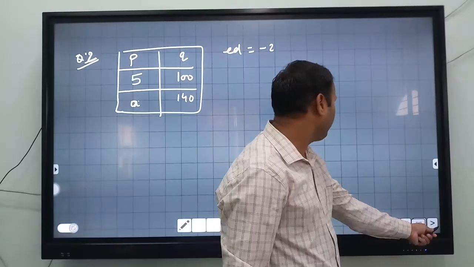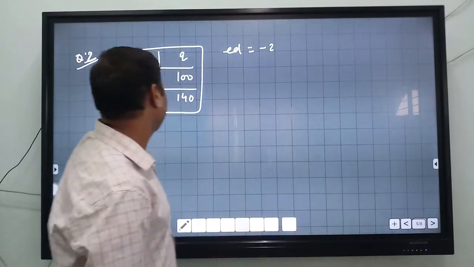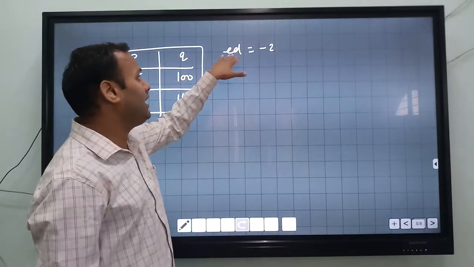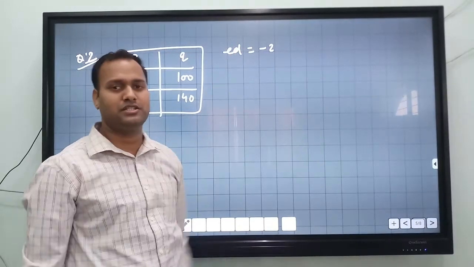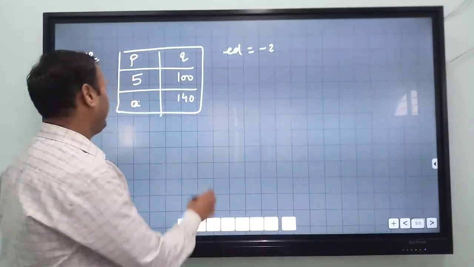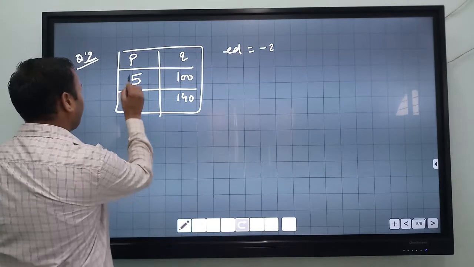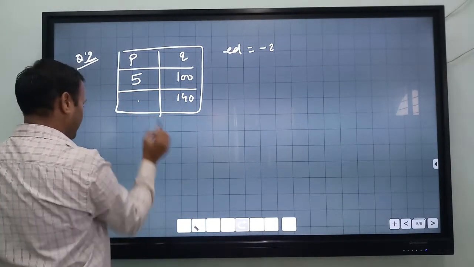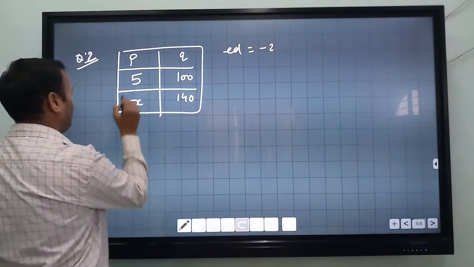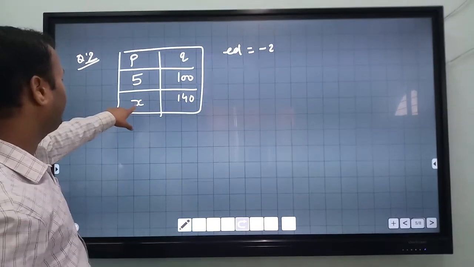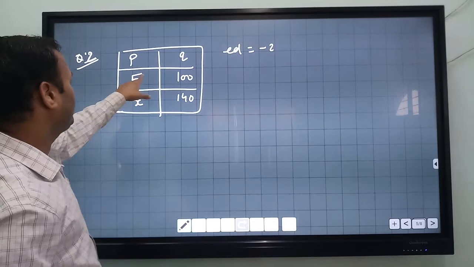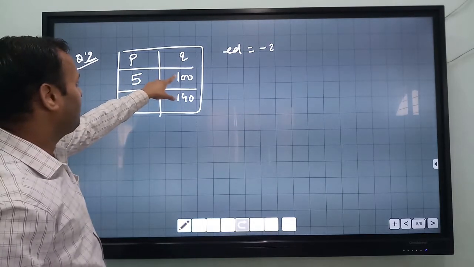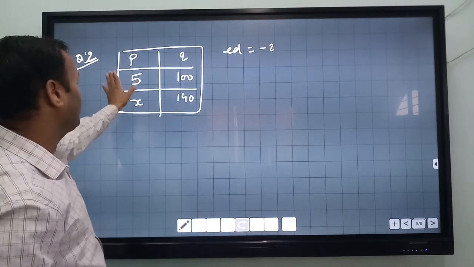Here is one more problem. In this question the elasticity of demand is given, and we have to find the new price. We take it as x. We have to find this price when the demand increases from 100 to 140. The initial price is 5.